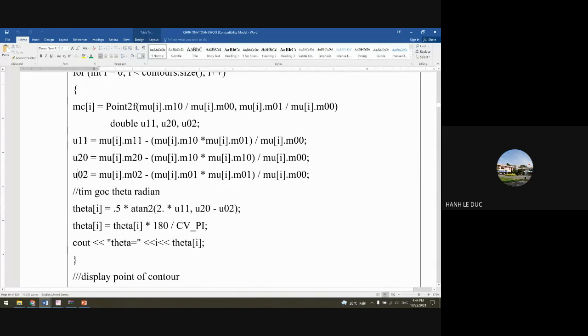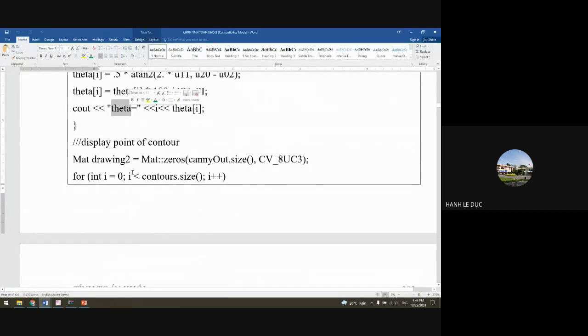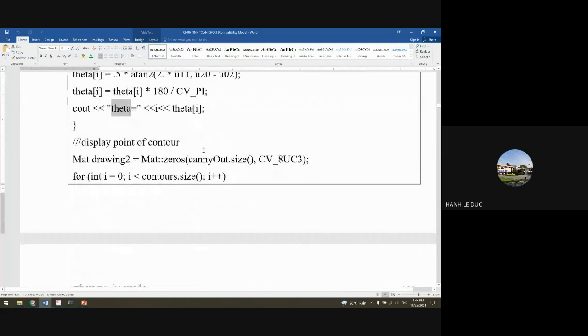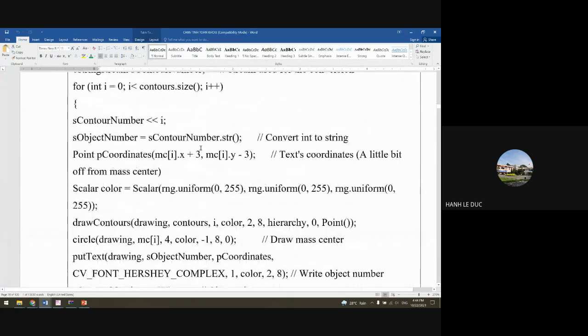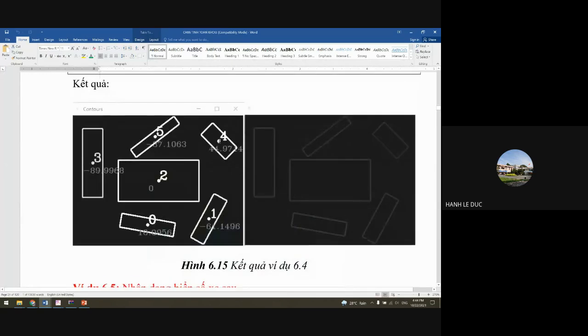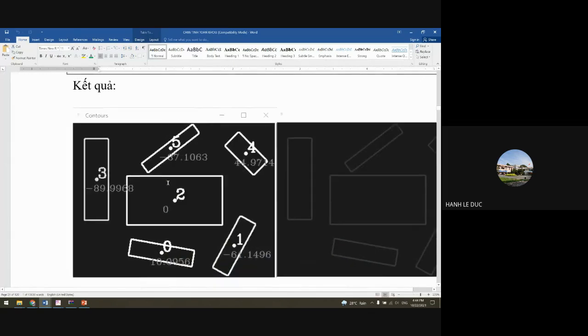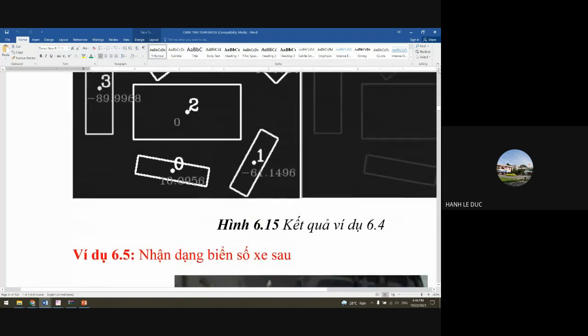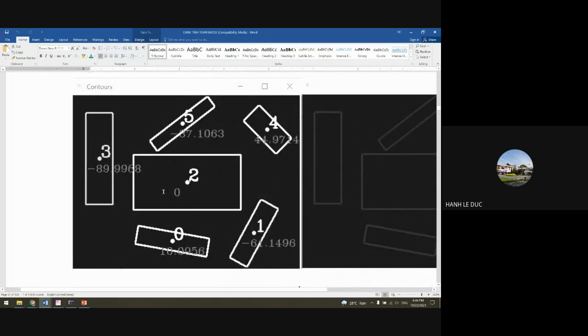And then you replace these numbers into the theta formula, the angle. And then you change to degrees, and then you have the result theta. So this is the procedure, and this is the result.